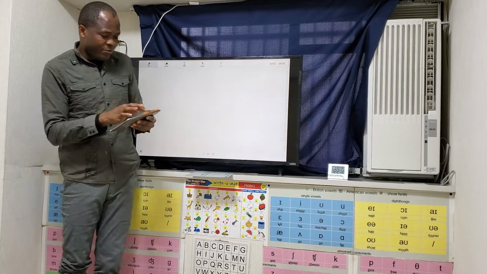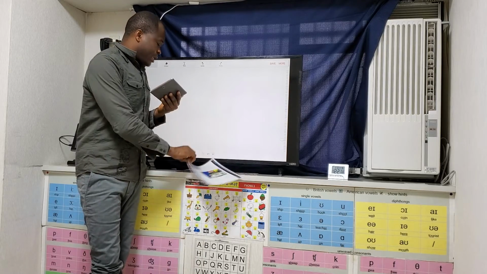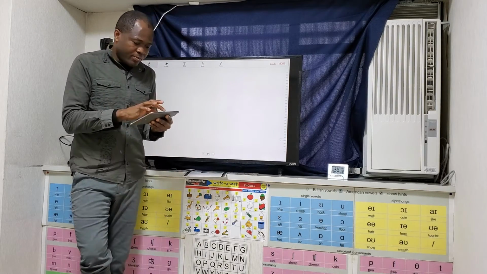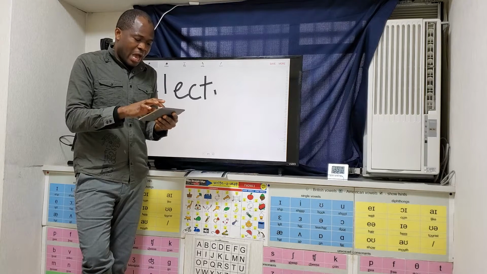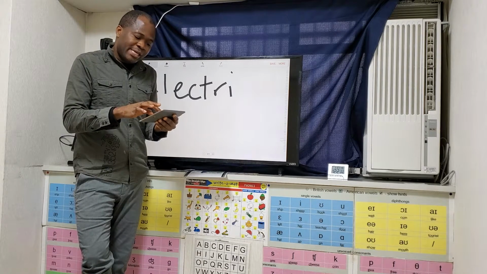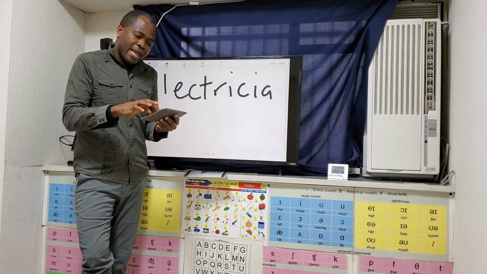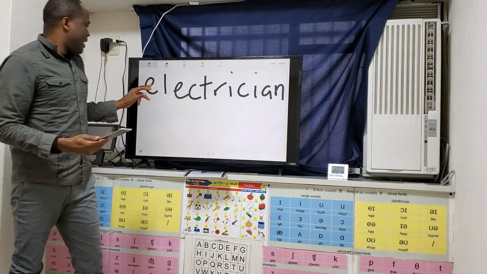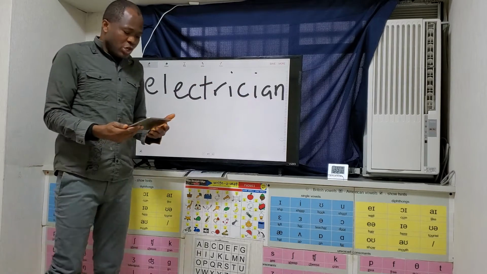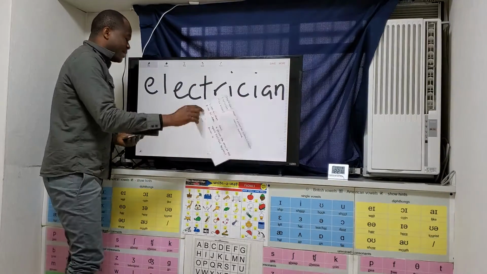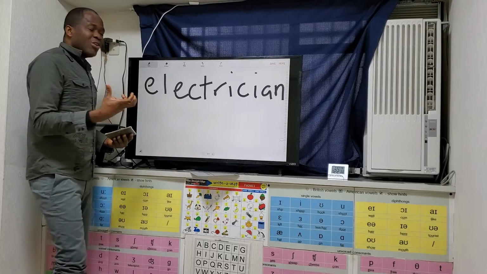Let's look at the grapheme first. If you look at the spelling, the grapheme, it's ELECTRICIAN. Electrician. So we are going to take it step by step and bring out the phonemes.